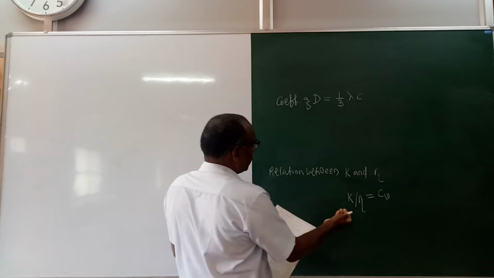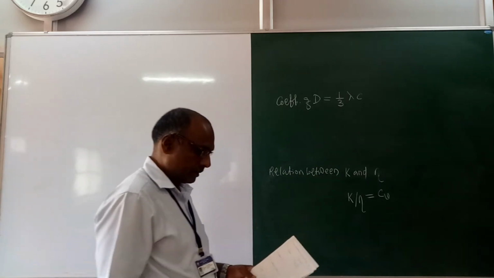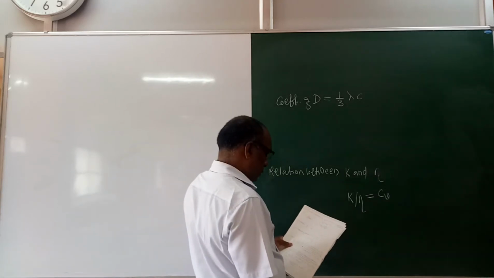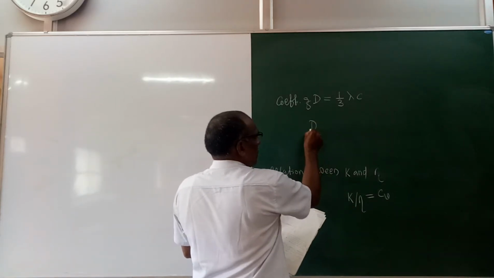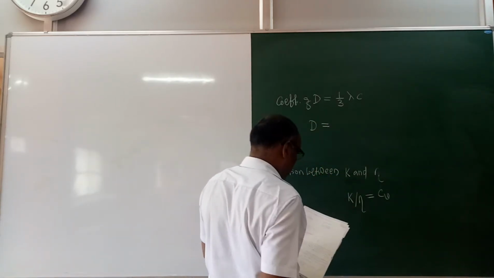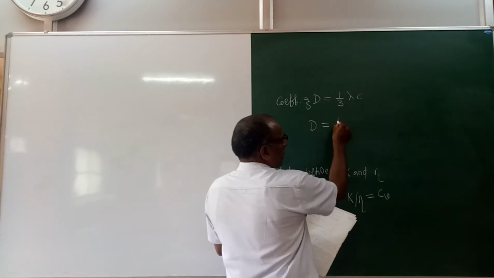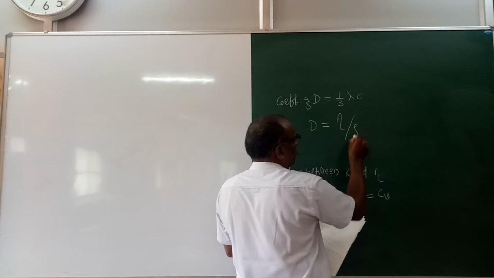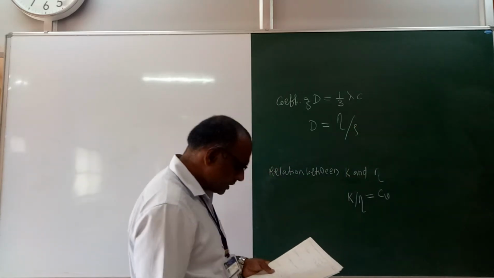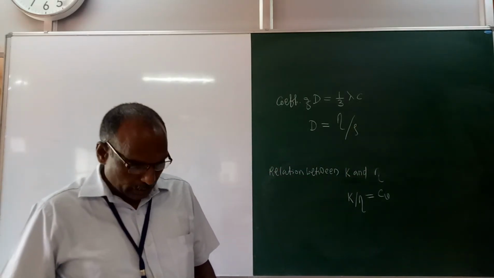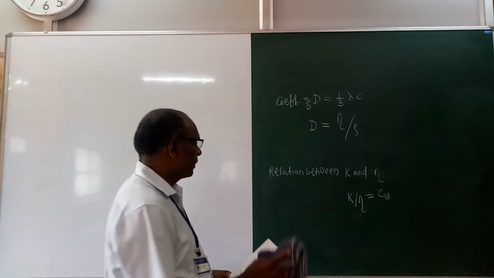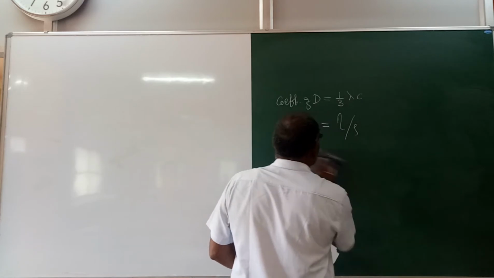Now the coefficient of diffusion and coefficient of viscosity. So D is the coefficient of diffusion, eta is the coefficient of viscosity, by rho the density. These are certain relations. Let us take a simple problem worth 2 marks.